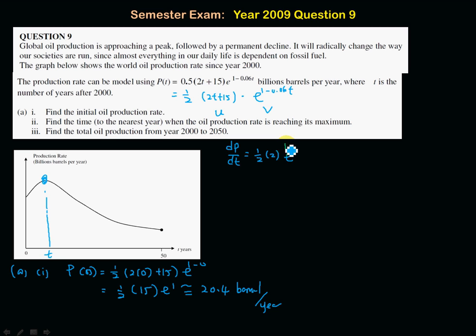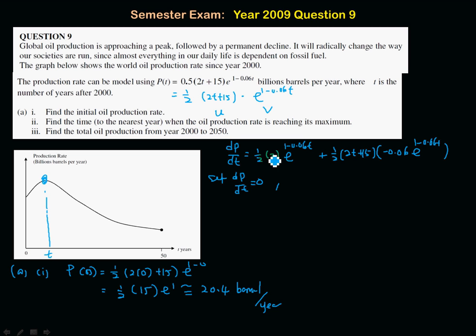So 1 minus 0.06t, plus this, and this is a negative 0.06. We set dP/dt to 0 because we want to find a stationary point, in this case a local maximum.